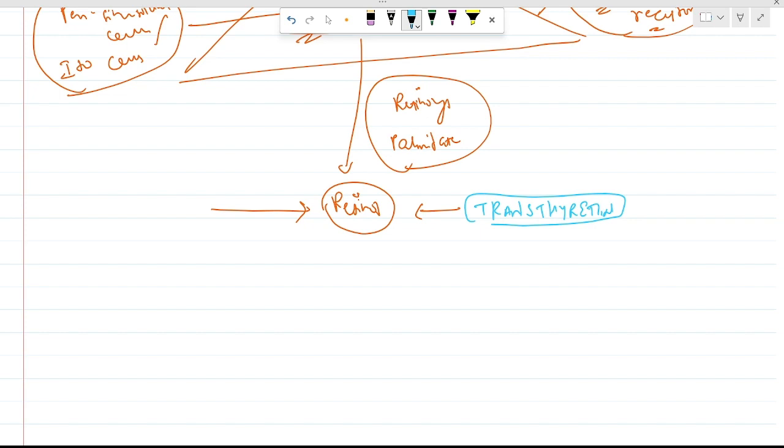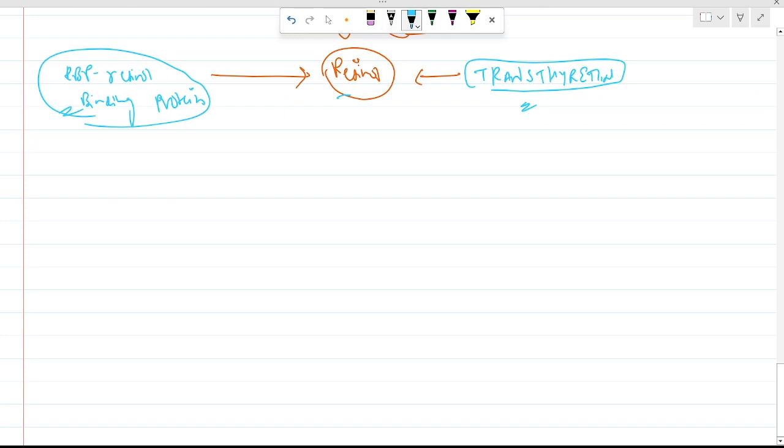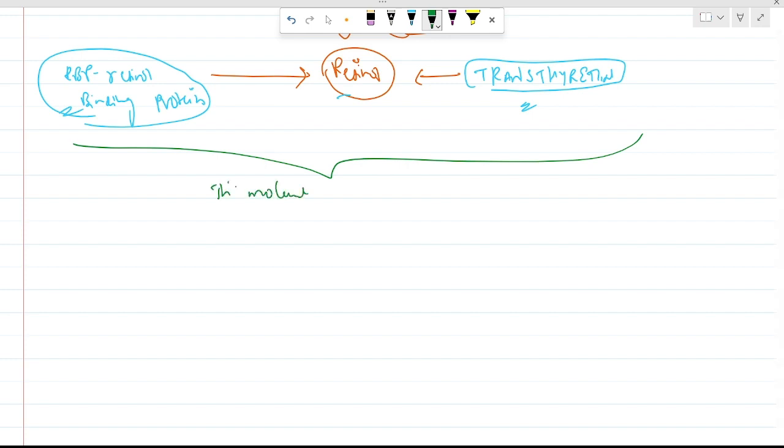And the second compound is RBP, which is retinol binding protein. Okay, retinol binding protein, transthyretin combined with retinol. So there forms three compounds: RBP, retinol, and transthyretin, which leads to the formation of a tri-molecular complex.